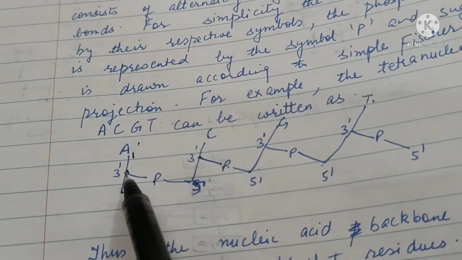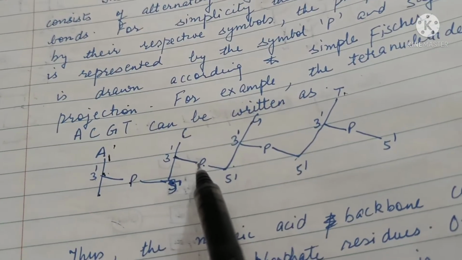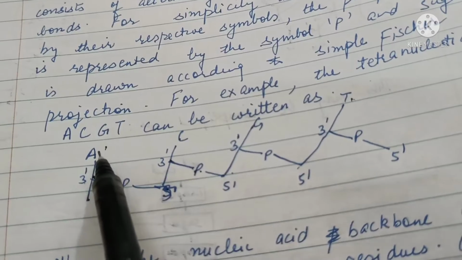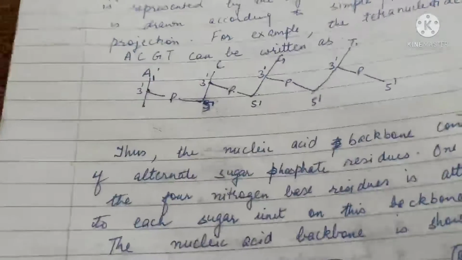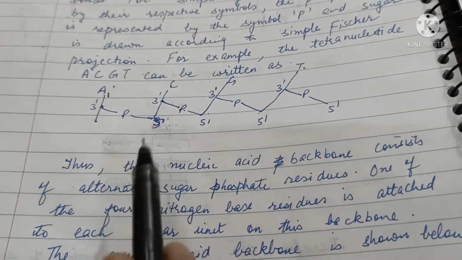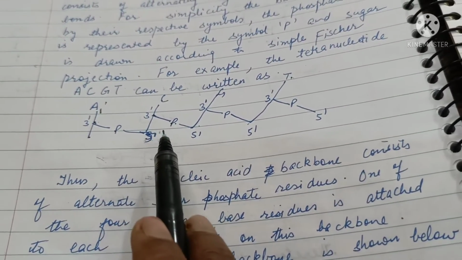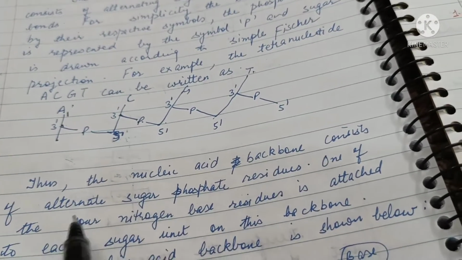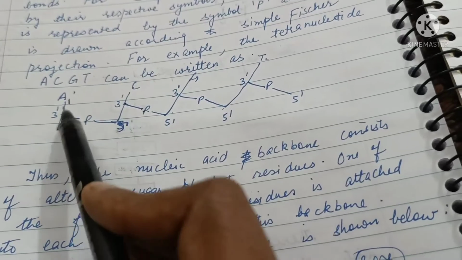It contains only sugar and phosphate, and each nitrogenous base is attached only to the sugar molecule. Thus, the nucleic acid backbone consists of alternate sugar phosphate residues. One of the 4 nitrogenous base residues is attached to each sugar molecule.